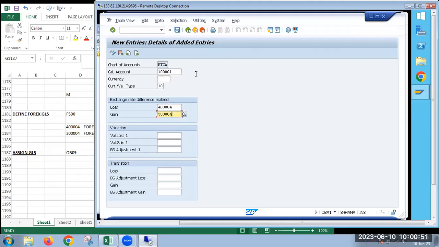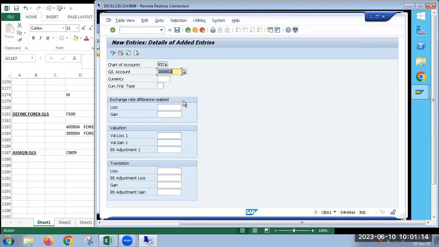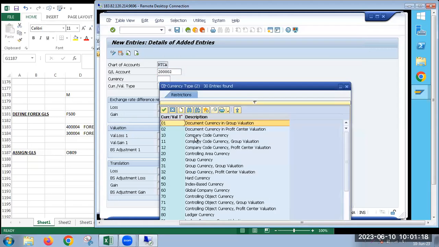Leave it at that. The same way we can go for the customer case, maybe sundry debtor also. Go for the next entry. For our sundry debtor at the time of sale, we may have to deal with different currencies. Then this GL account will identify the difference based on the company code currency.